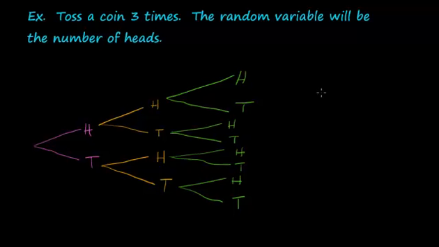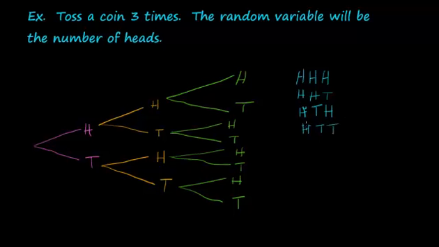Okay, so now we want to find our sample space, and I can see that one possible outcome was heads, heads, heads. So I'm just going down the branches. I could have had heads, heads, and then tails. Alright, so I've exhausted all the heads, heads options there. So now heads, tails, heads, and heads, tails, tails.